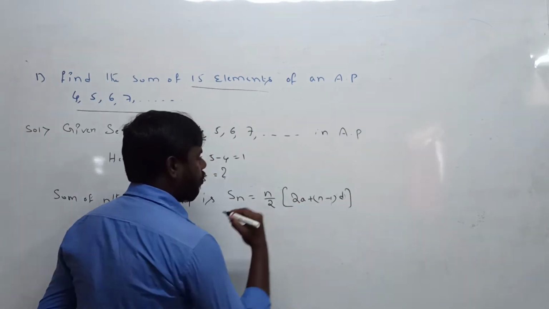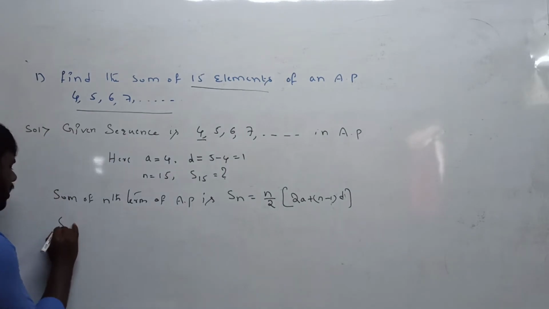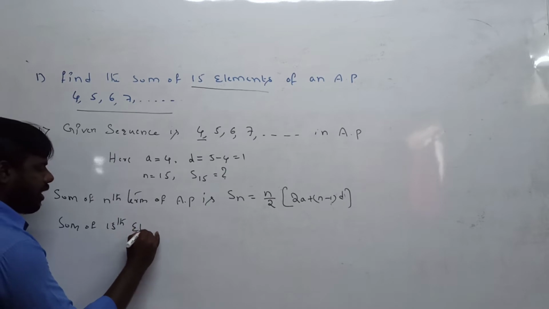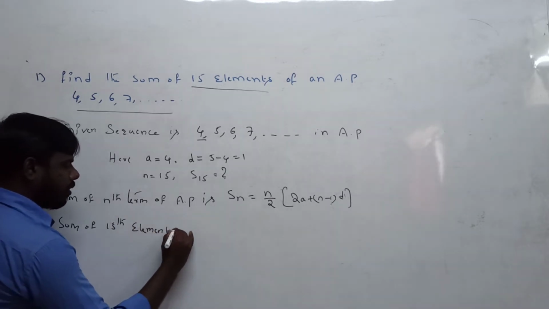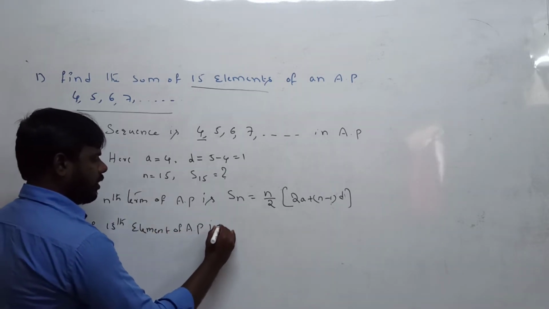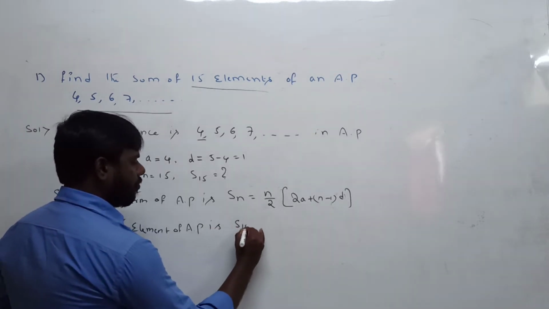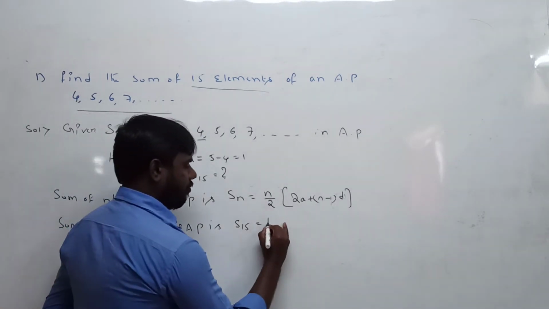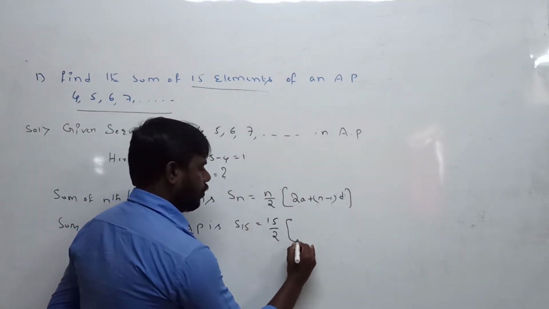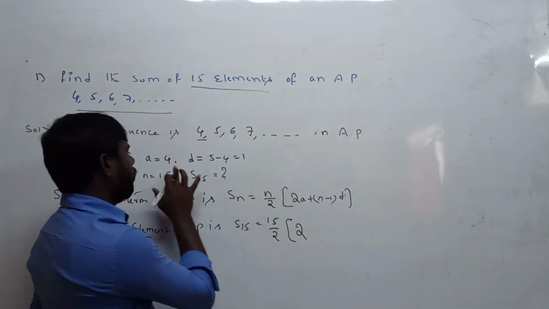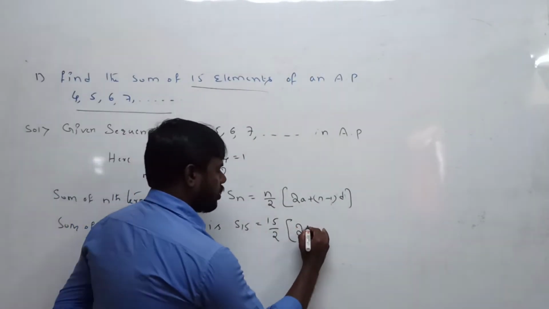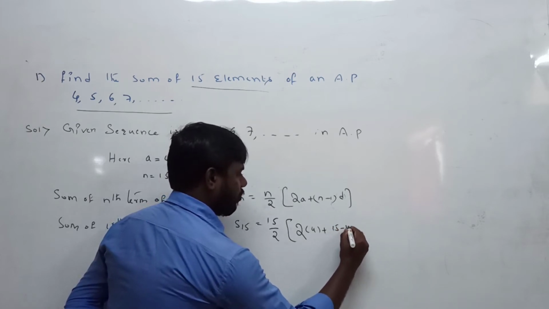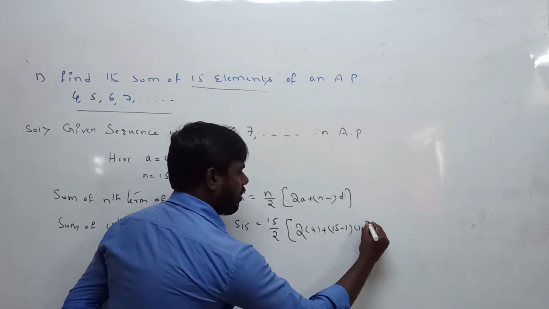N is replaced by 15, so 15 by 2 into 2 into a. What is the a value? A value is 4. Substitute the a, n and d values: n value is 15 minus 1, into d value 1. Simplify the values.